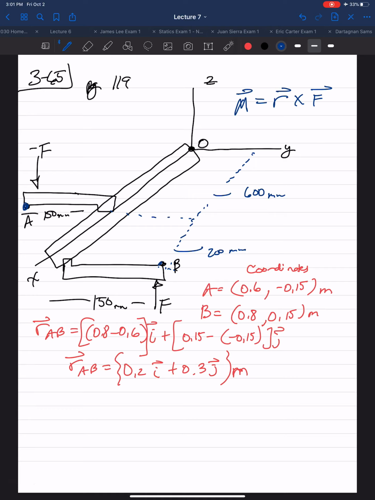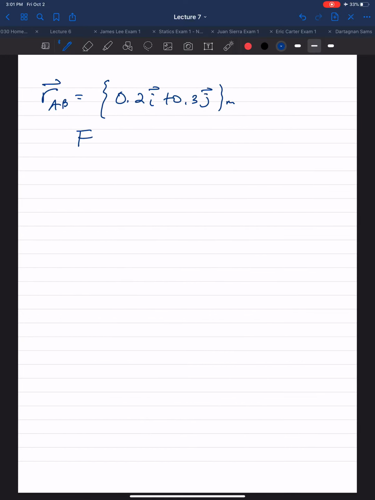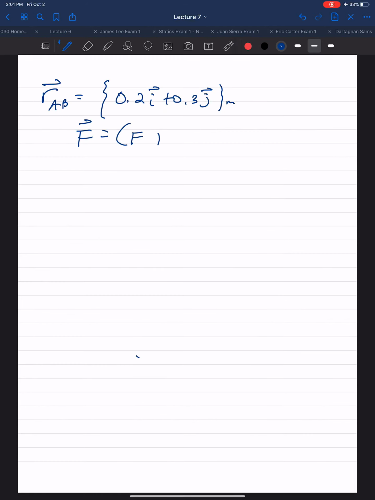Now my F is only in the Z direction. There's no i or j components of the F. And this is in newtons.